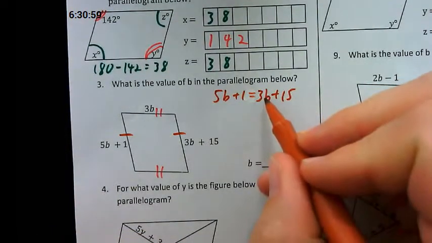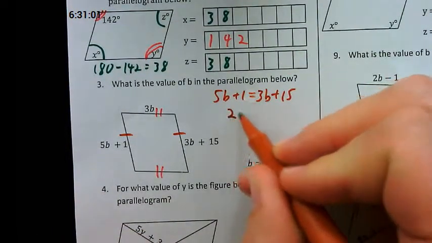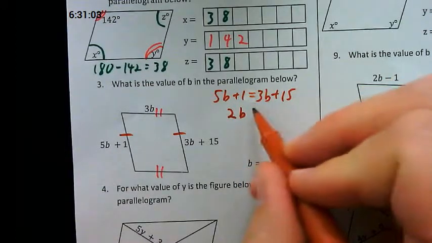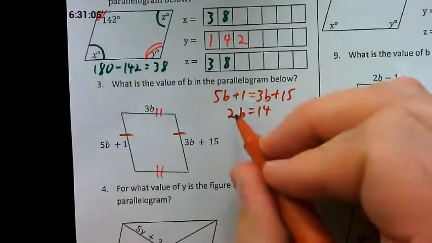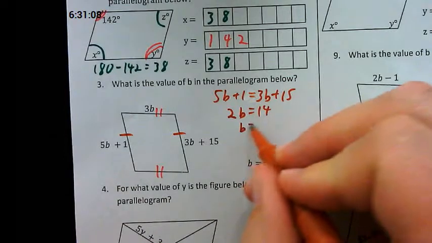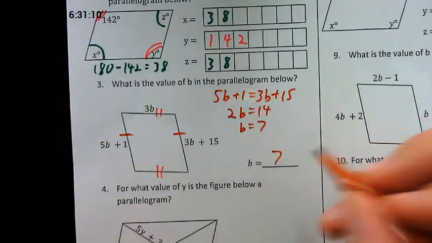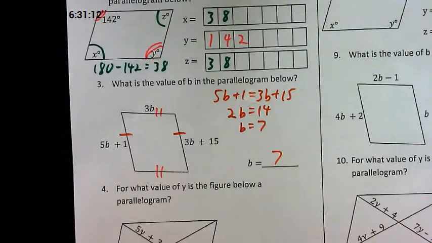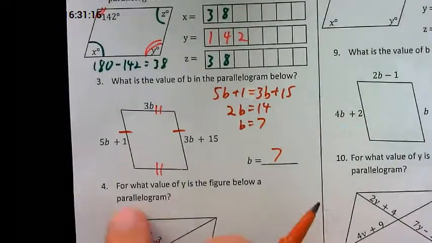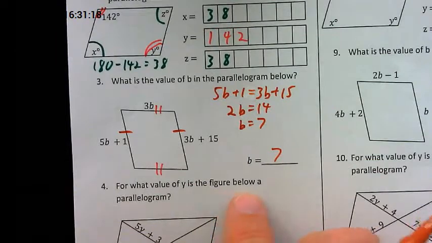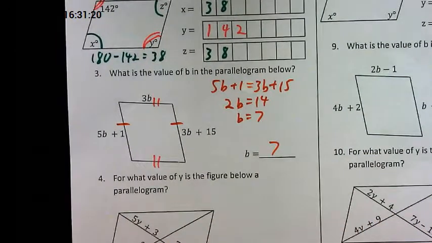So, bring the 3b over by subtracting, you'd have 2b. Bring the 1 over by subtracting, you'd have 14. Divide by 2, and you'd have 7. So, B is 7.